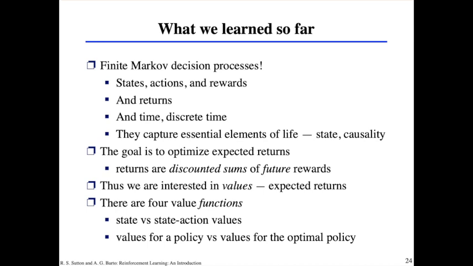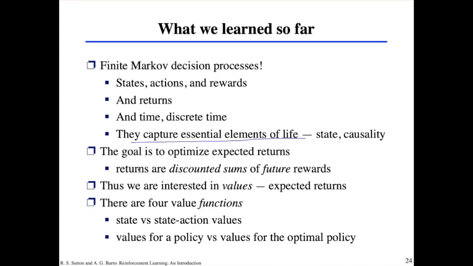But just to put the landscape for those two different types of functions, we're using to checkpoint where we are. We're defining these Markov decision processes using state, actions, rewards, returns, and time. And you can get a little philosophical if you want, that we're trying to learn a causal model of how things work, but that's more complex.